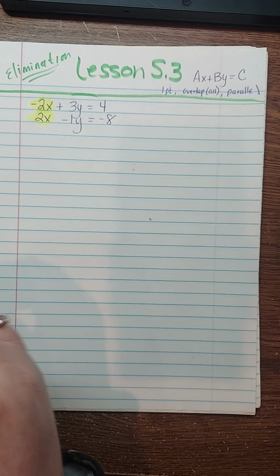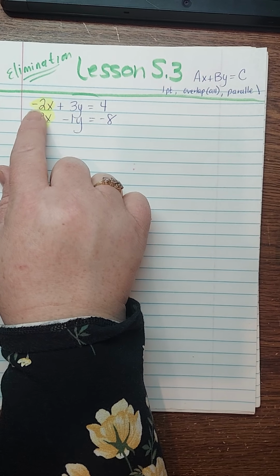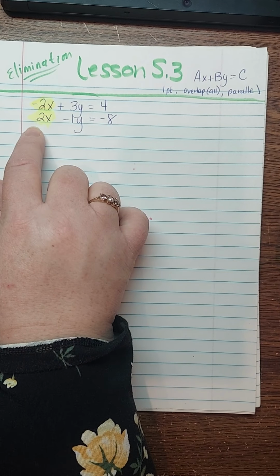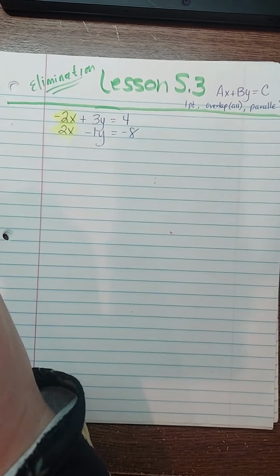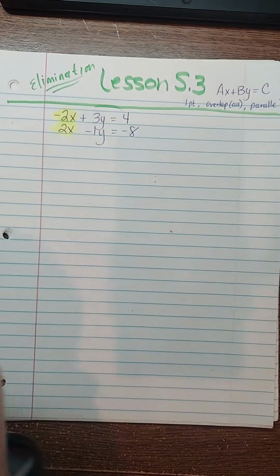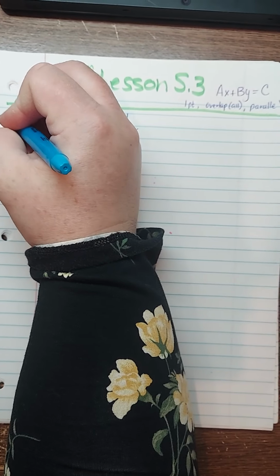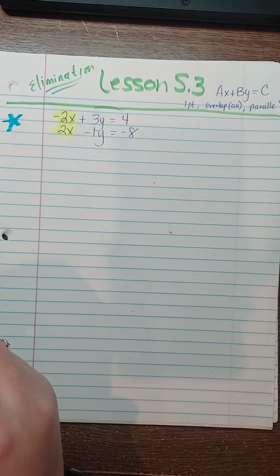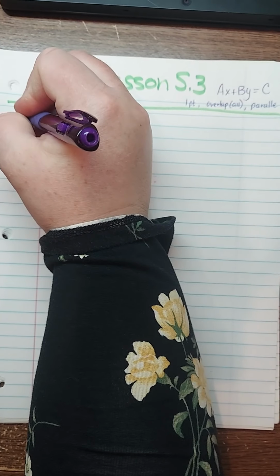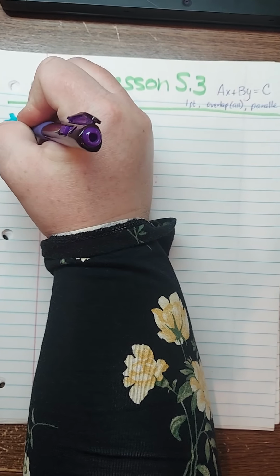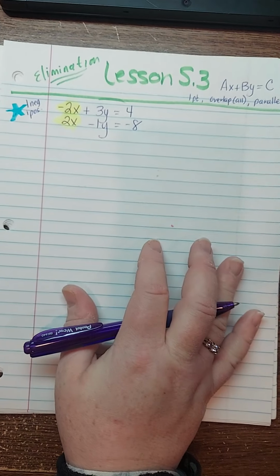In order to get these to eliminate, one needs to be negative and one needs to be positive. So let's put a star here, because one has to be negative, one has to be positive. That's one of the rules.